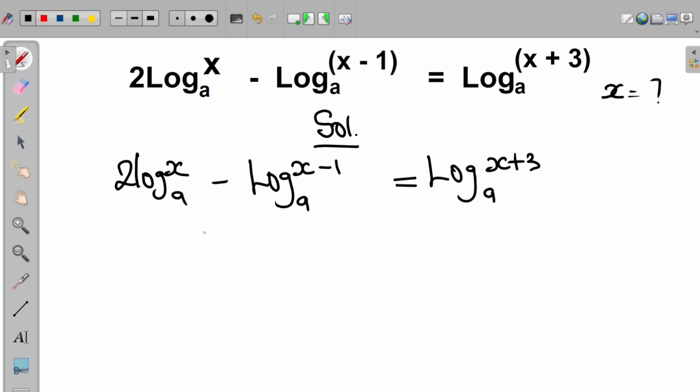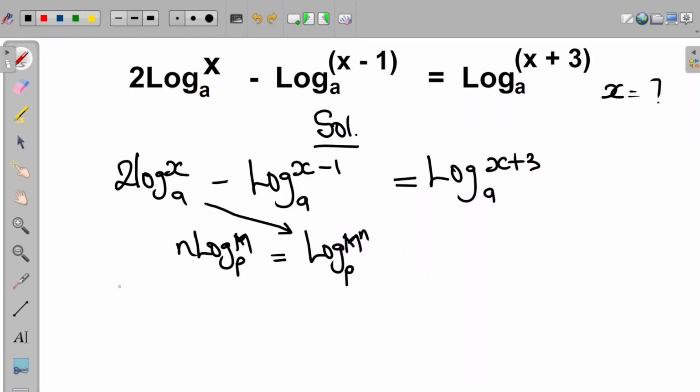Now, in our laws of logarithm, we have it that n multiplied by log m to base p can also be expressed as log m raised to the power of n to base p. So now we can apply this law at this point.